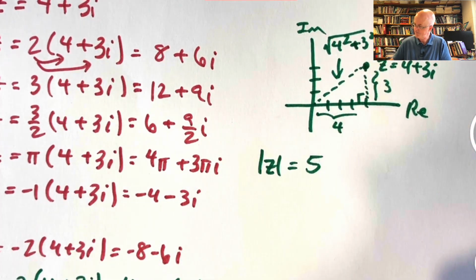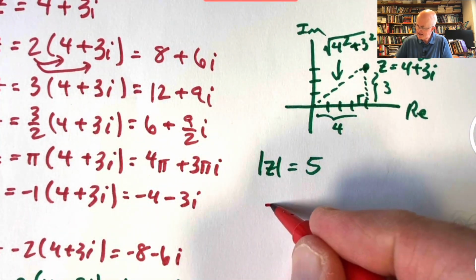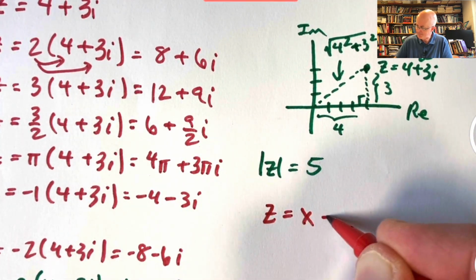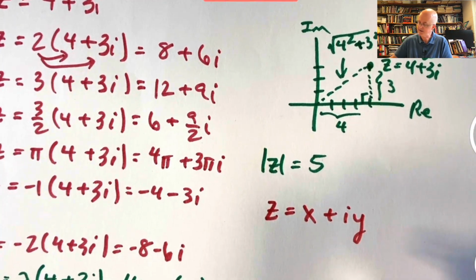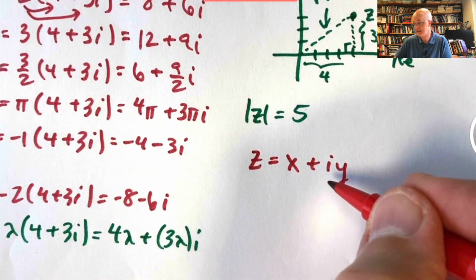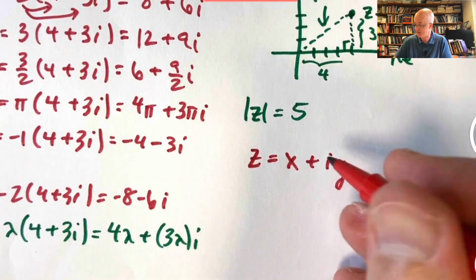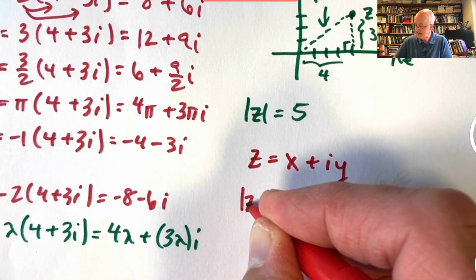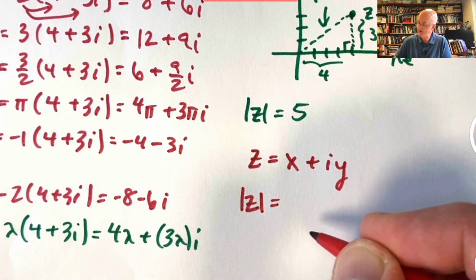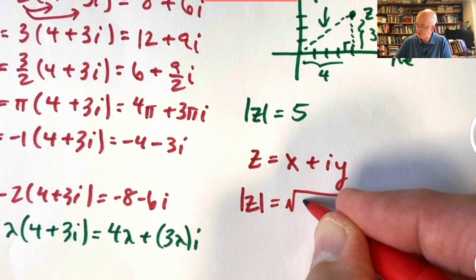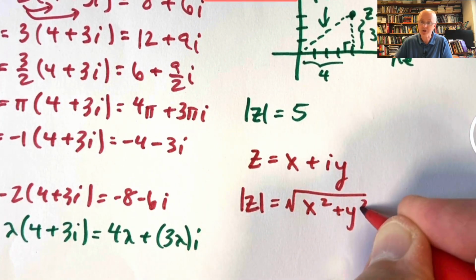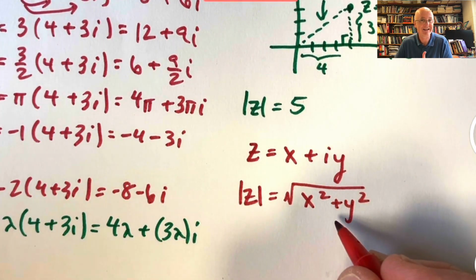In general, if z has a real part x and imaginary part y, so that z is x plus iy, or z is x plus yi, I could also write, the modulus of z, its absolute value, by the Pythagorean theorem, is the square root of x squared plus y squared. Notice there's no i in here, okay?